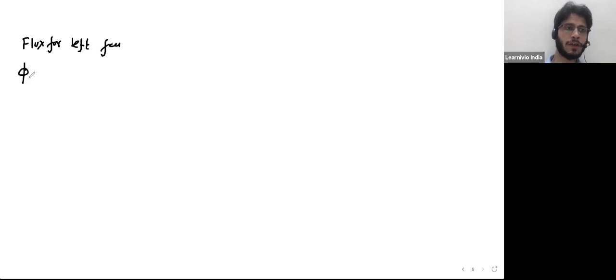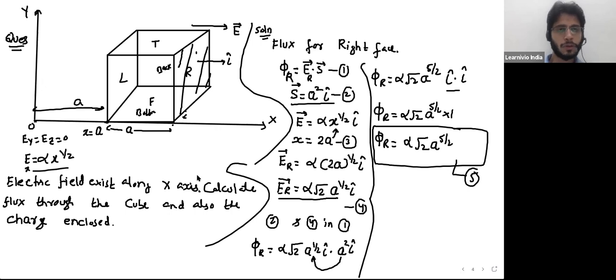For the left face, I will write the flux as the electric field at the left face dot area vector. I call this equation number 6. We know that area is a square. Now, Abdullah, what is the direction of the left face? Negative x-axis. Minus I cap. Very good.